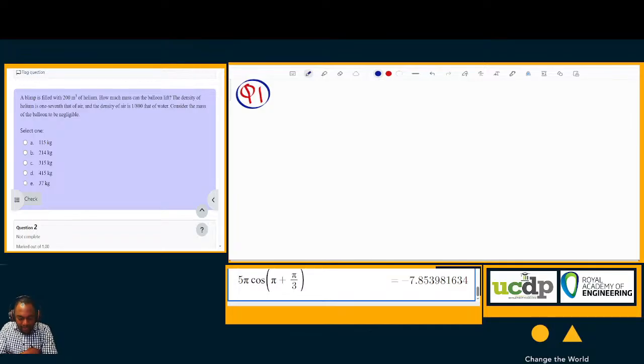All right, it's a very interesting question. Since it's fluid mechanics, we can identify the forces on that system. Obviously we will have a buoyancy force acting upwards, and we already know that buoyancy equals the density times the volume times g, in this case the density of air.